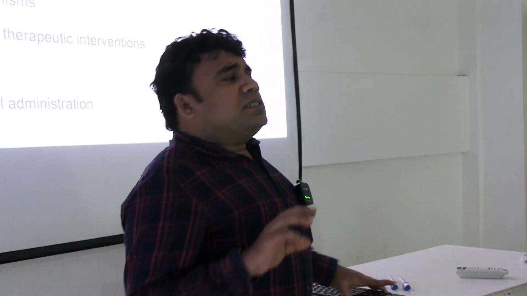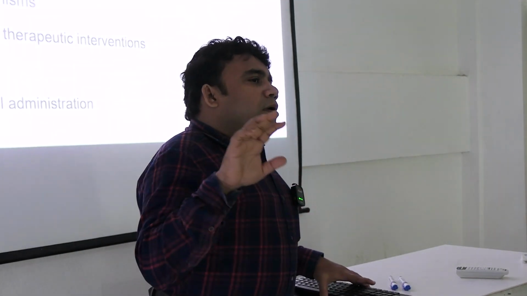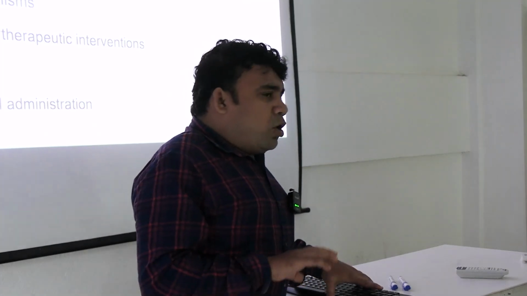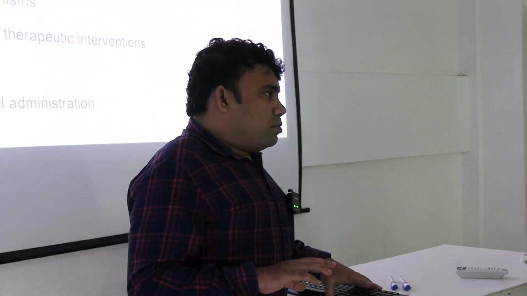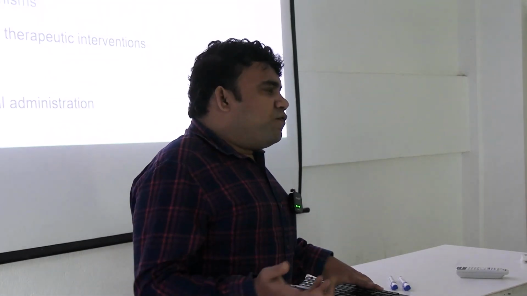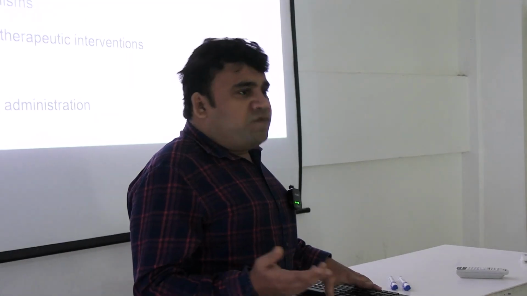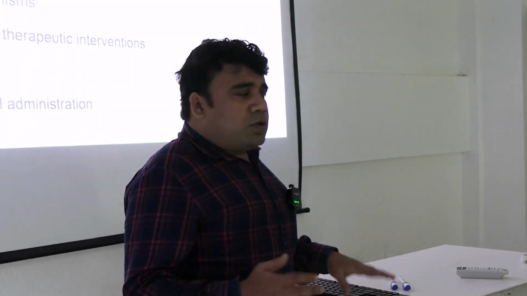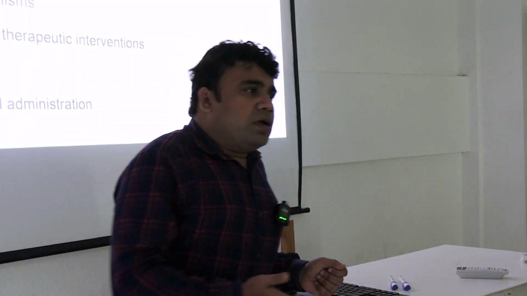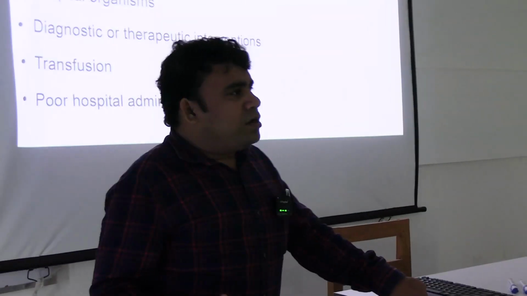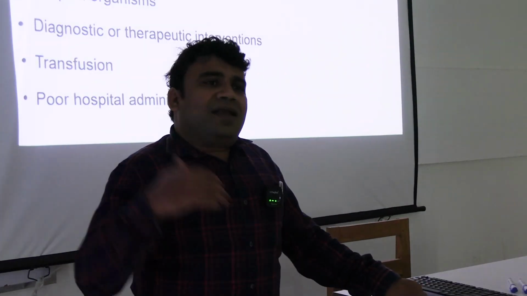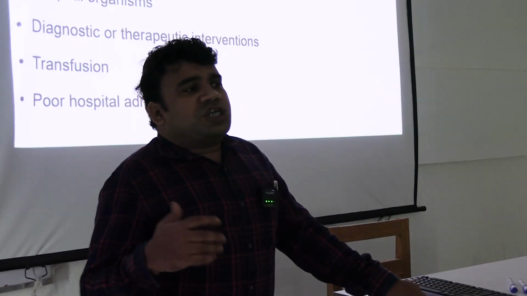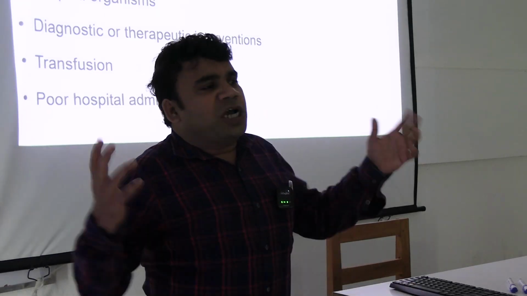For example, say in a peripheral hospital where not many procedures are done, what would be the rate of HAIs? Obviously very low, because if the procedure is not done, the chances of the patient getting infected are very low. Now take an example of a tertiary care hospital with huge ICUs.